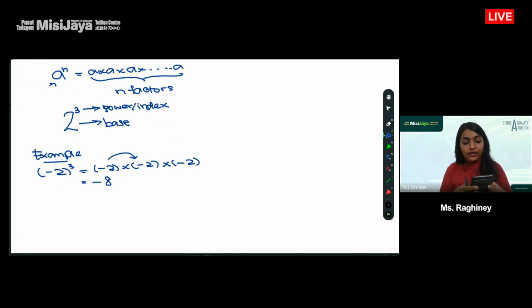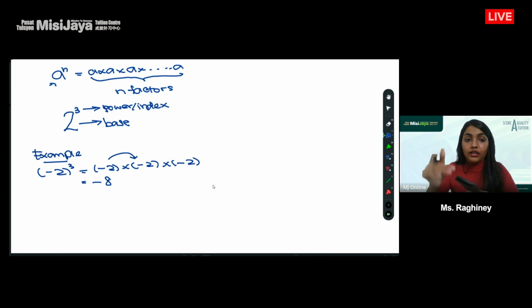Just type out minus 2 cube, like so. Press equals. What do you get? How about minus 2 to the power of 4? Negative 16. The bracket is very, very important over here.